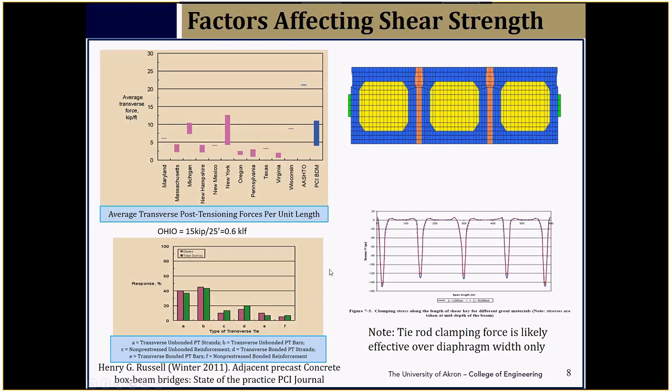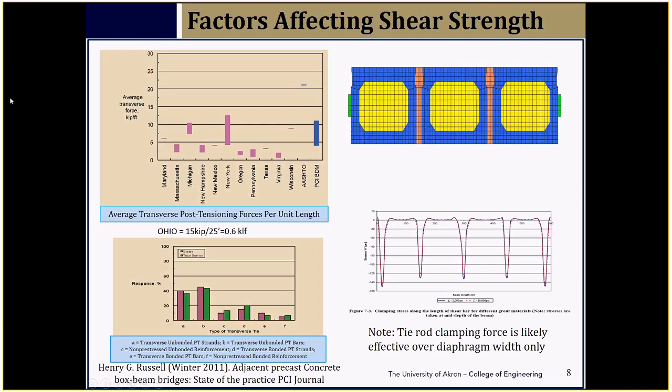That translates to 0.6 kips per linear foot of so-called clamping force, provided the force is transmitted over 25 feet. So if it is transferred over 25 feet, then you get an average of 0.6 kips per linear foot.